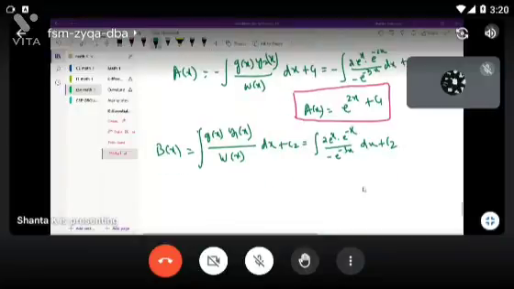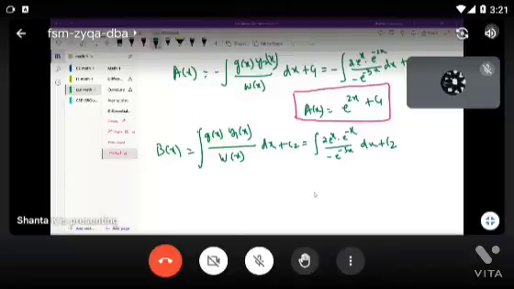Okay, so you see, e power x, e power minus x got cancelled, and if you take minus up and e power minus 3 plus 3x, so it will be minus 2 by 3. Okay, so this is b of x.